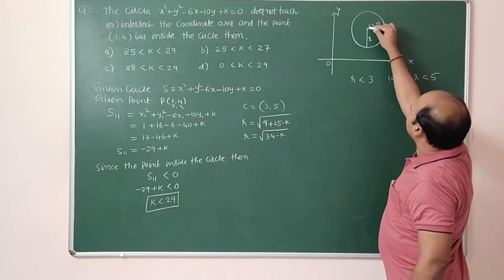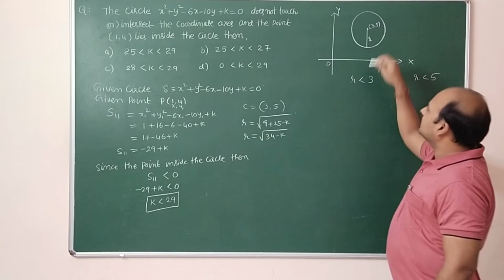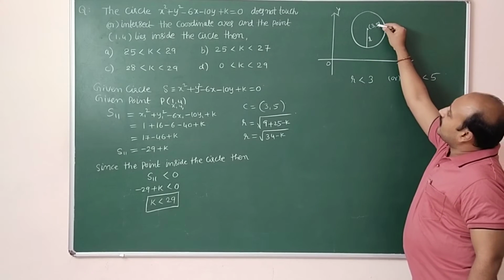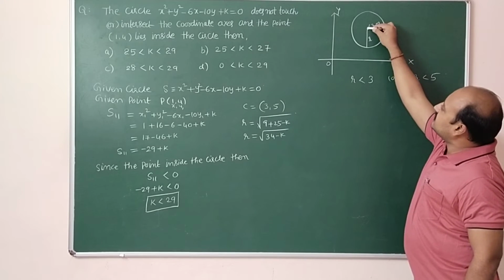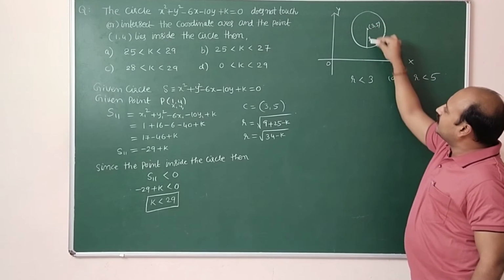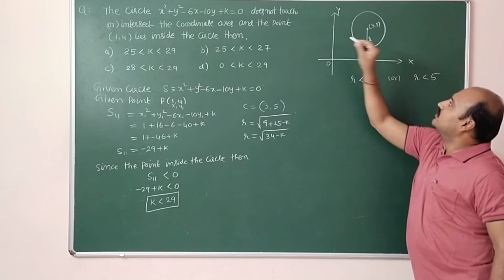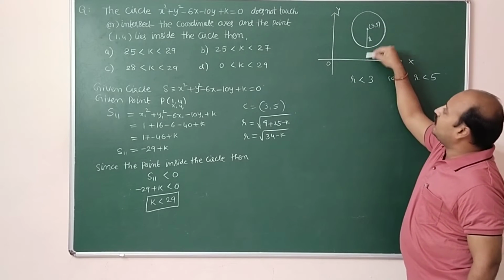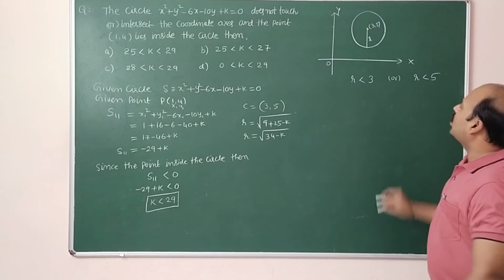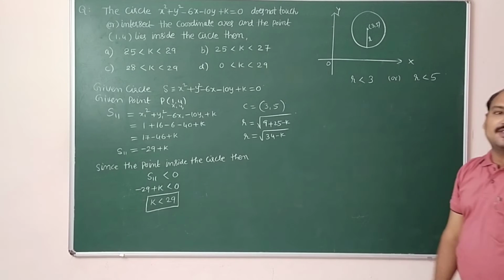Why? Because here 3 is there, means from here to here it is 3 units. And 5 is the y coordinate, so obviously the distance from here to here is 5, from here to here is 3. So obviously in both cases r is less than 3.